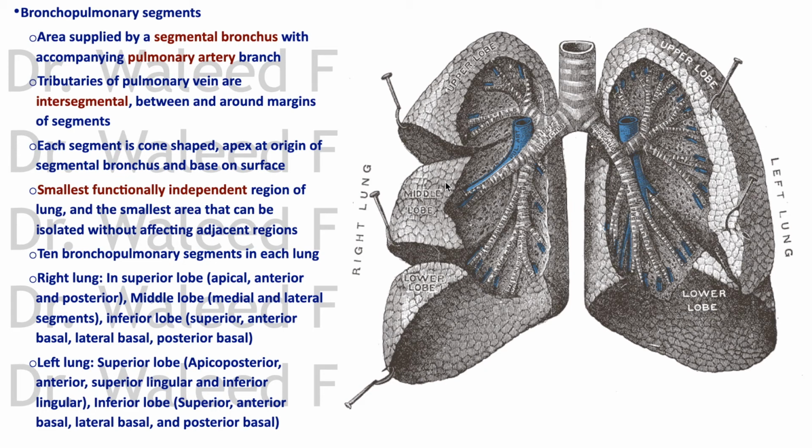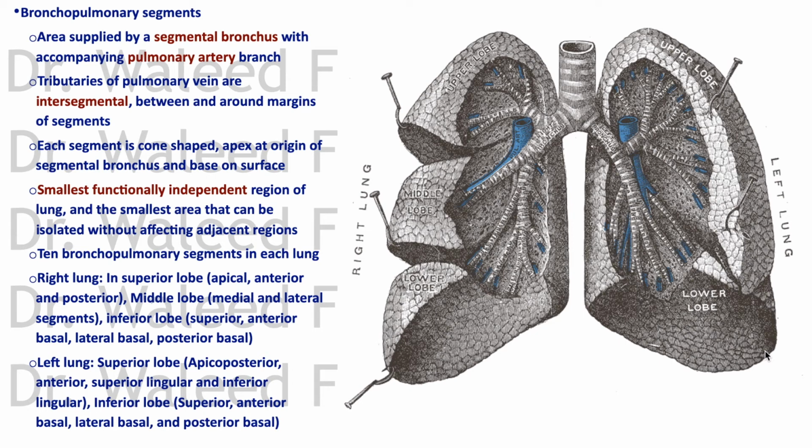This is called the bronchopulmonary segments. Actually, the segments are in the upper part: apical, anterior, and posterior. In the middle lobe of the right lung, it's lateral and medial, but in the lingula, it's superior and inferior. And below, it's the same: apical, anterior basal, lateral basal, posterior basal.